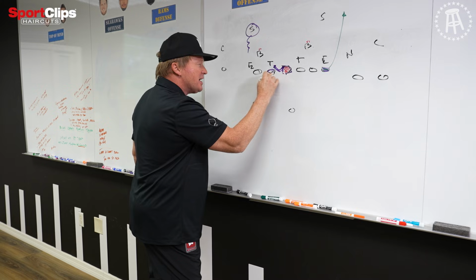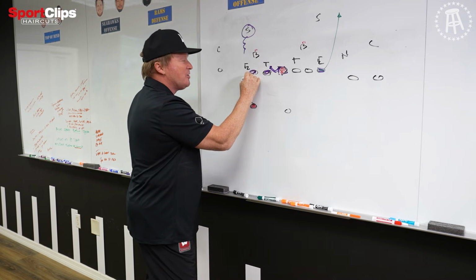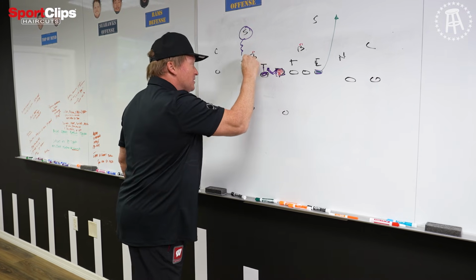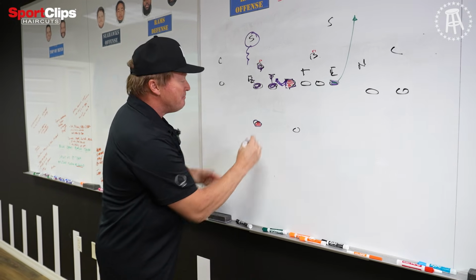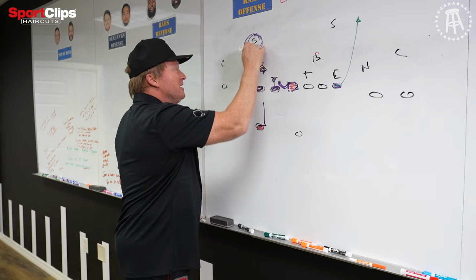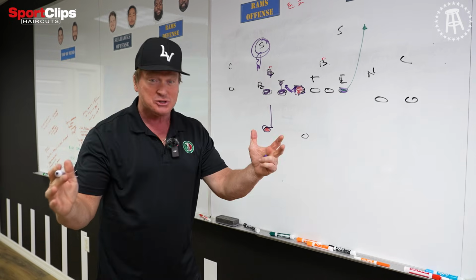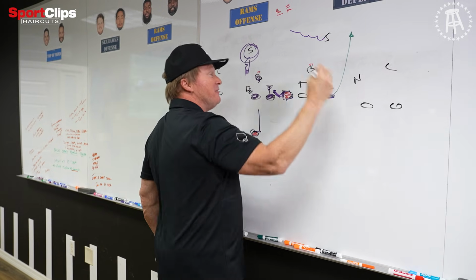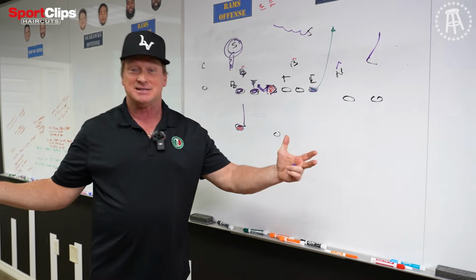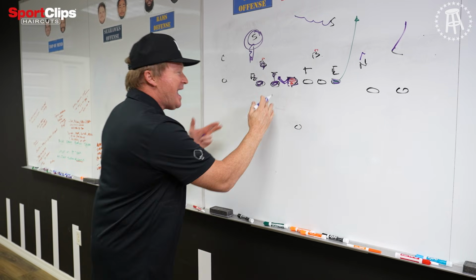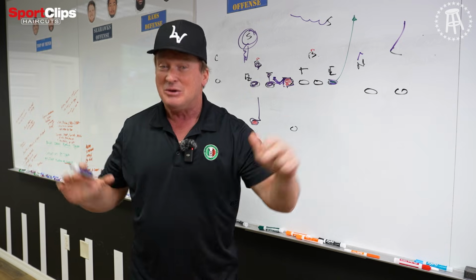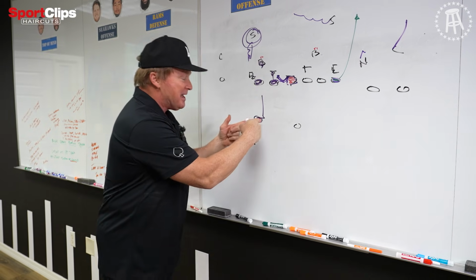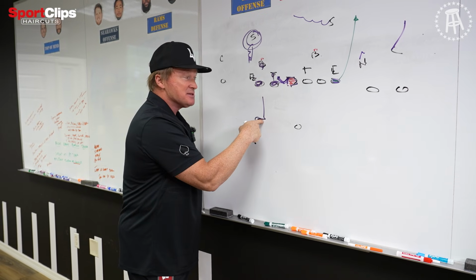So now our center, our guard, and our tackle could block the 3 most dangerous rushers on that side of the formation. And now the back is in a position to pick up that 4th rusher. As they rotate to the middle of the field, a lot of these guys on the backside are no longer a threat. But we have to do a great job of communicating the lucky Ringo call of the center, making sure the back and the center are on the same page.